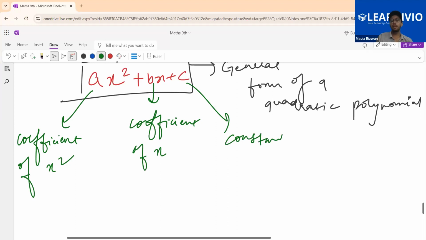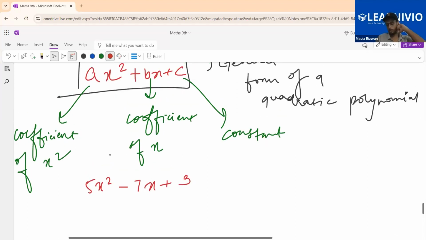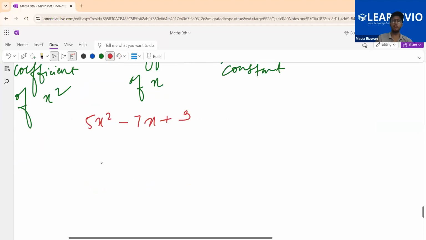Okay, now Safia, if I ask you that I have a polynomial 5x square minus 7x plus 3, can you guess what is a, b, and c in this polynomial? A is 5, B is minus 7, and C is 3. Great. So this is correct. Now tell me, I have a polynomial.